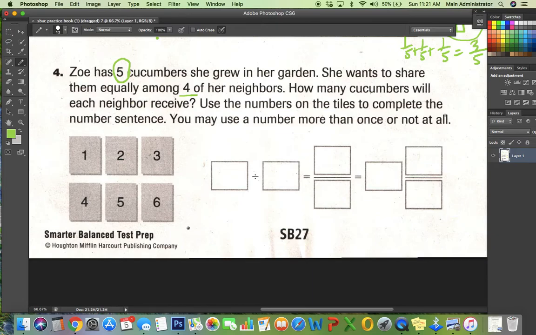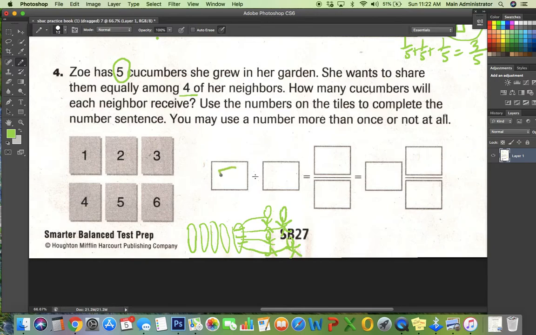All right, if I've got 5 cucumbers, 1, 2, 3, 4, 5, and I've got 4 people, 1, 2, 3, 4. I would take this cucumber and divide it into 4. And this person would get 1/4 and 1/4 and 1/4 and 1/4. So I would take all 5 cucumbers and divide them into fourths.